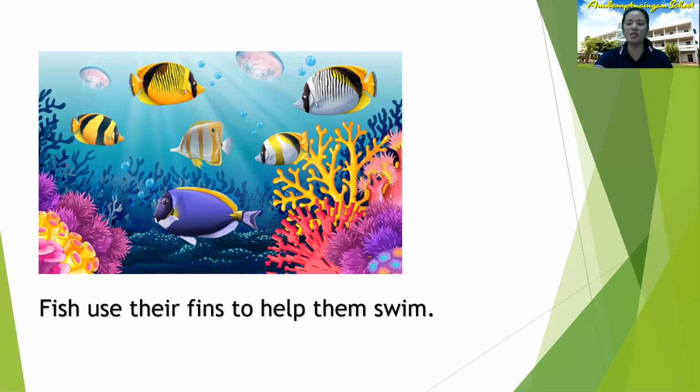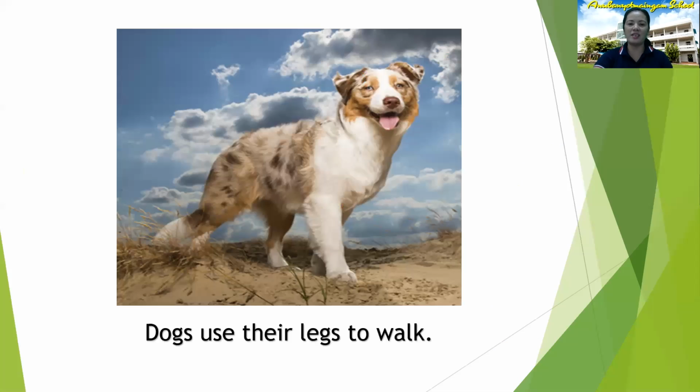So fish use their fins to help them swim. So what are those fins? That's it. Okay, so they are using that in order to swim in the water. Next, we have here dog. The dog use their legs in order to walk or run.